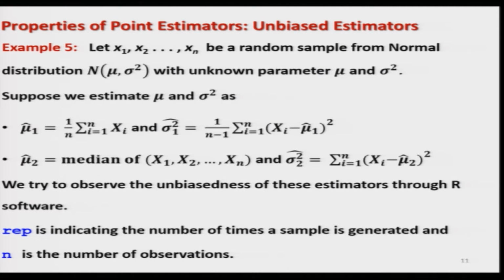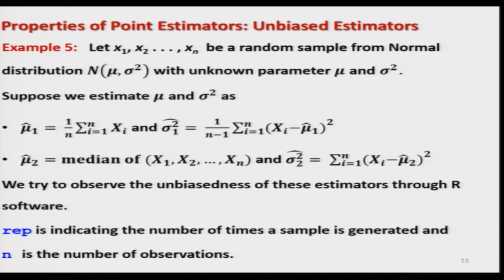Because in data science it is possible that you are trying to use an estimator to estimate a parameter or a function of parameters, and you really do not know, or it is very difficult to establish mathematically, whether the estimator is unbiased or not. In these cases we can use simulation techniques, and we can have a fair idea of whether this estimator is going to be an unbiased estimator or not.